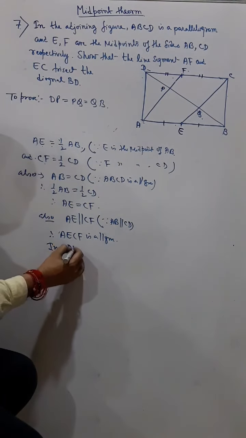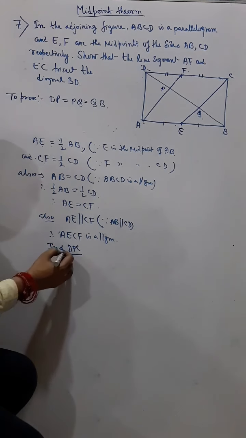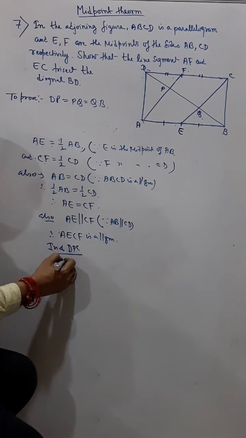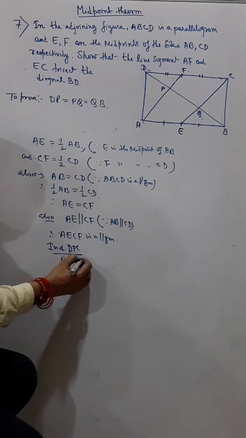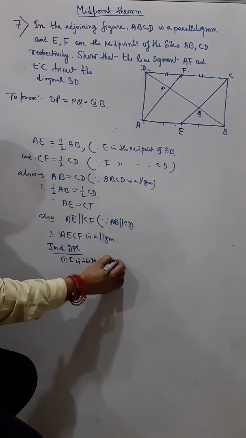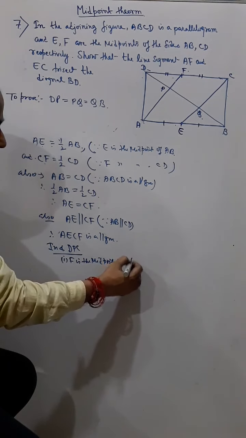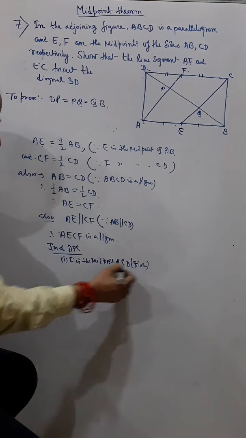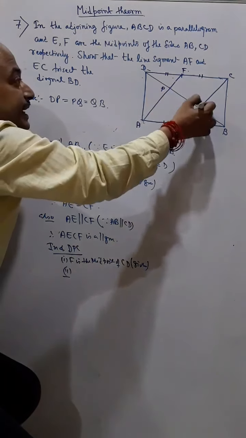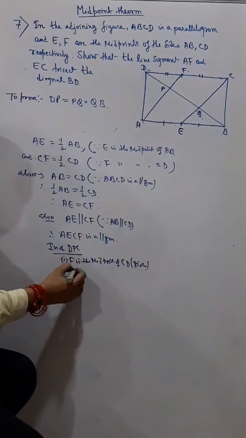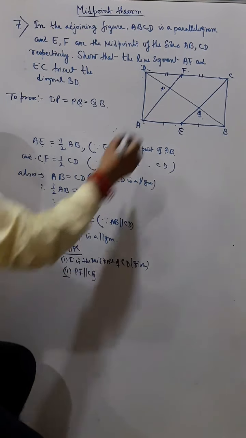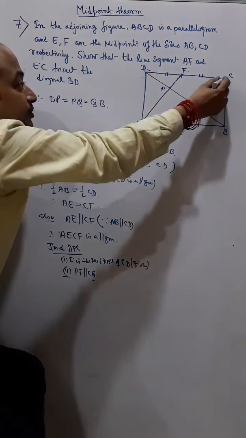in triangle DPC, the first thing we can say is that F is the midpoint of CD, because that was given, right? Similarly, number 2, we can say that PF is parallel to CQ. Why?